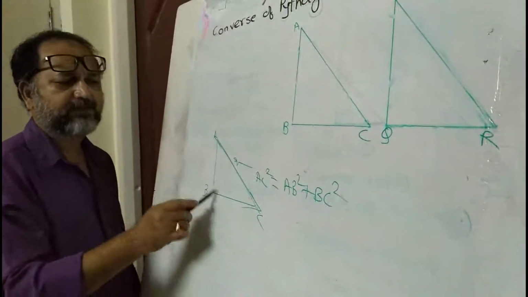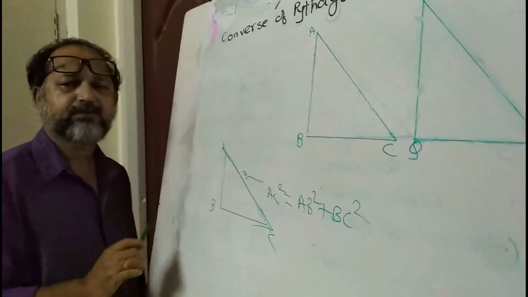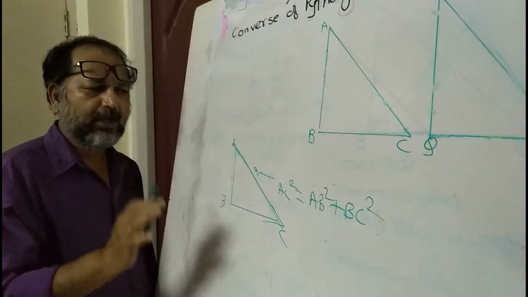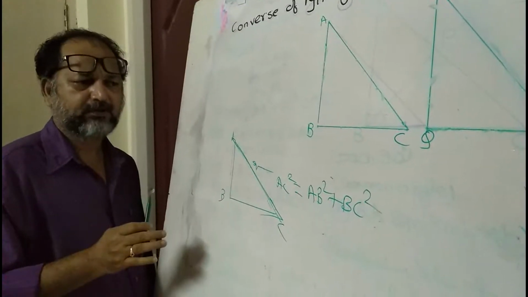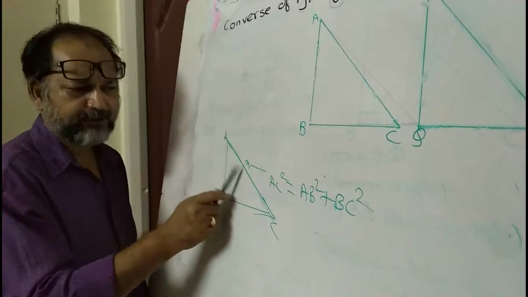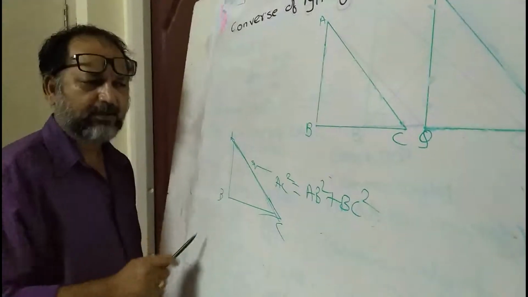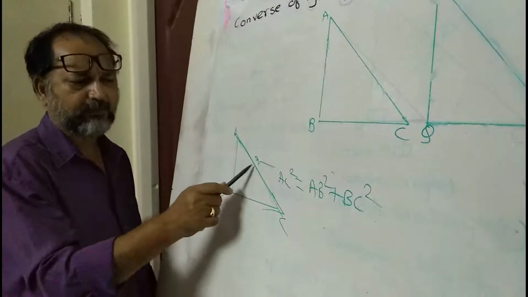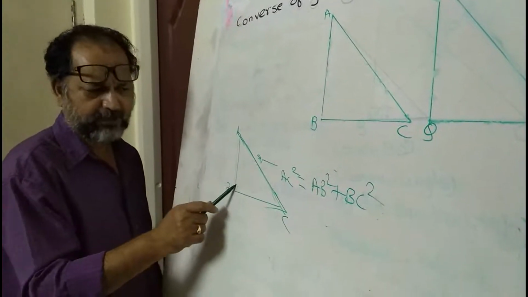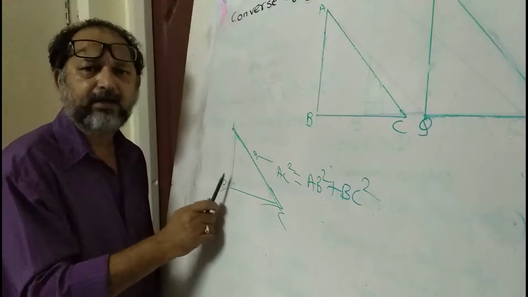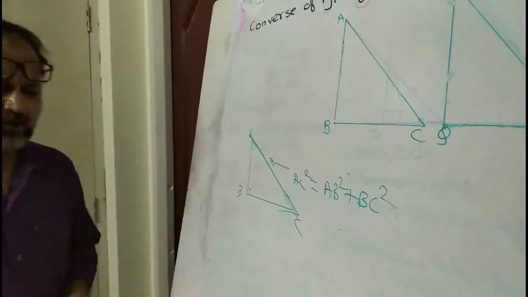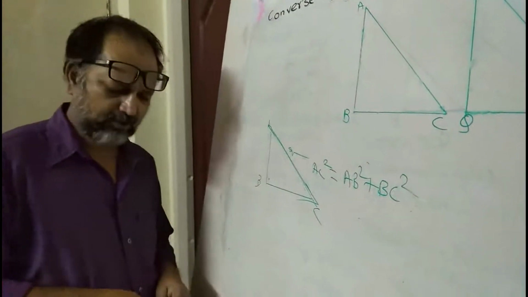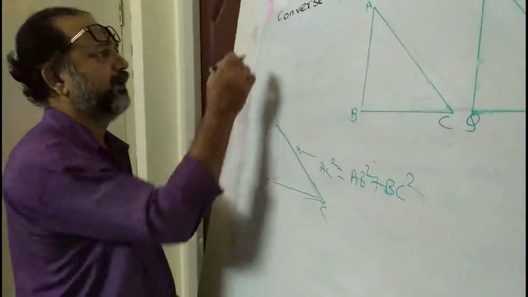You are given this side square is equal to this side square plus this side square. Then, as per this converse of Pythagoras theorem, the angle opposite to this side, which is equal to the sum of the squares of the other two sides, this has to be a right angle. So we will prove this theorem, converse of Pythagoras theorem, theorem 6.9.